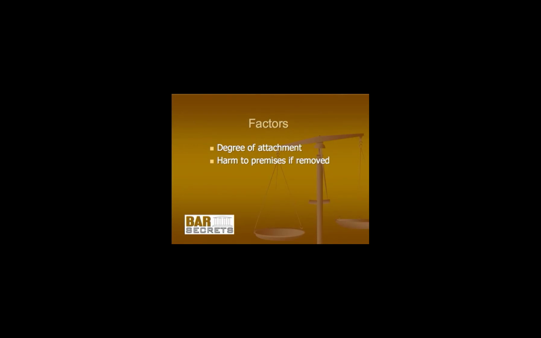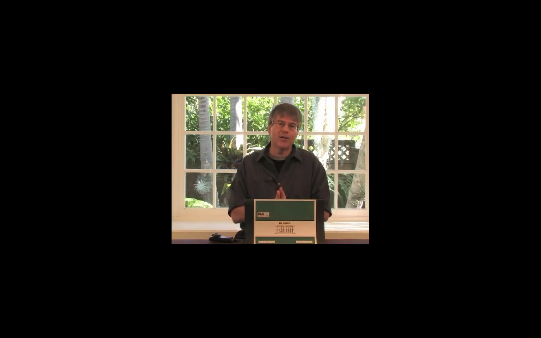The third factor the court will consider is whether the fixture is specially made for the realty, because if it is, it's more likely to be part of the realty. And the fourth factor is the intent of the attacher. In other words, did the attacher intend this to be part of the realty or something that the attacher would take with them when they left? And finally, the degree of ownership or length of the lease. If it's a 25-year lease and the fixtures all go in on year one, I think there's going to be a pretty strong argument that those fixtures should stay when the tenant goes.